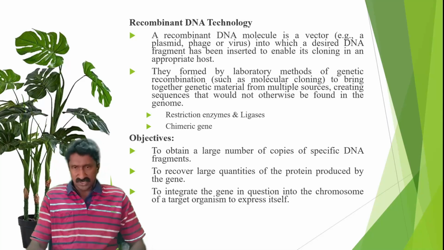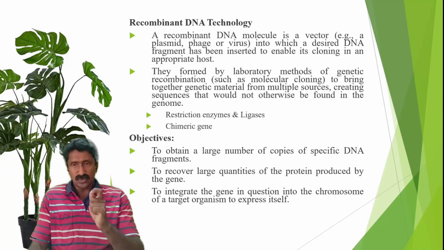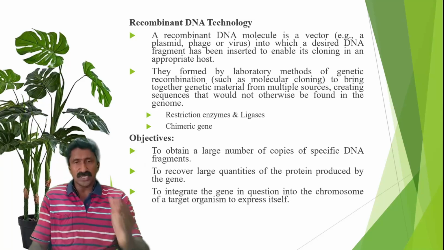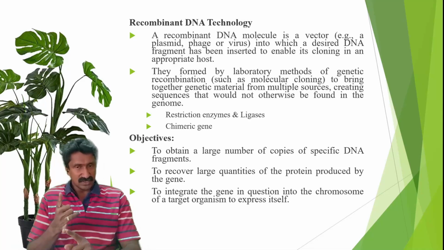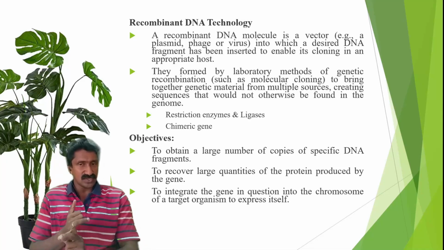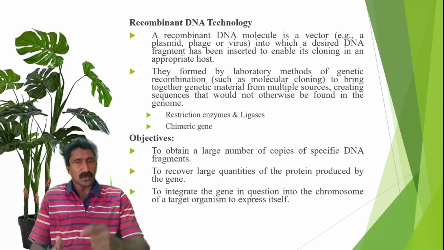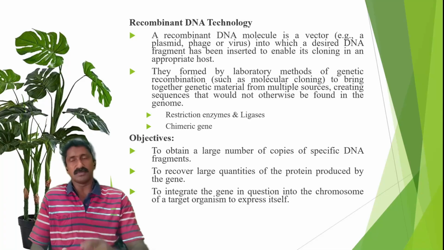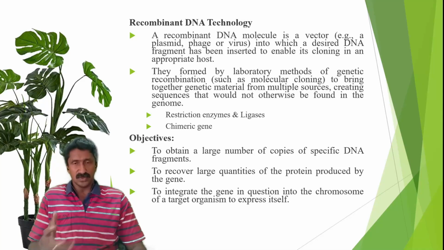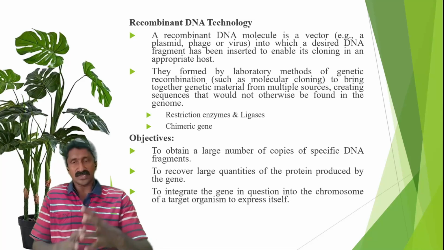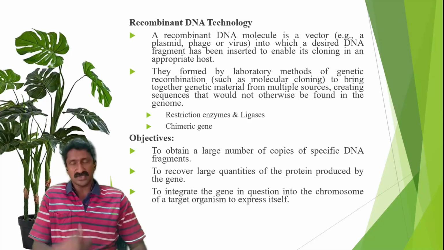And another objective is to recover large quantities of the protein produced by the gene. So your target may be the DNA amplification itself, or the protein product produced by that recombinant gene. Or the aim may be to integrate the gene in question into a chromosome of the target organism to express it in that organism.